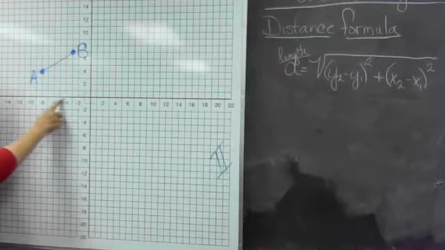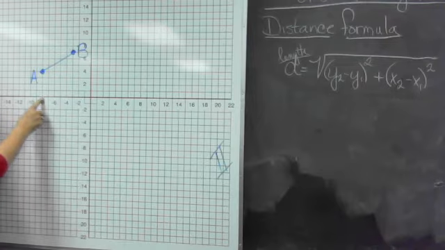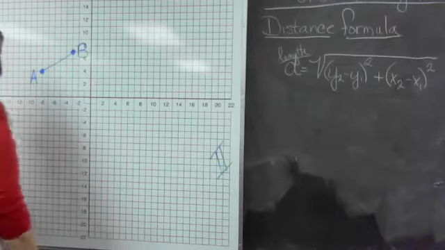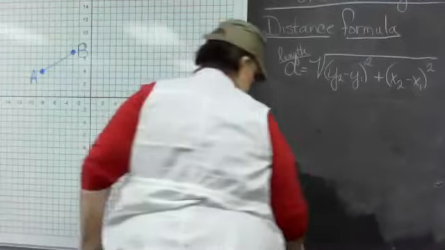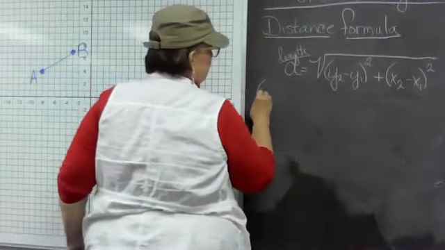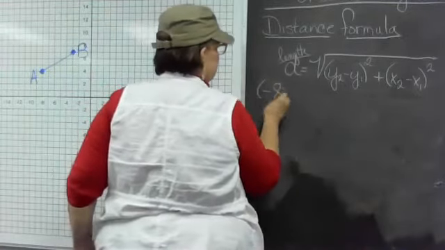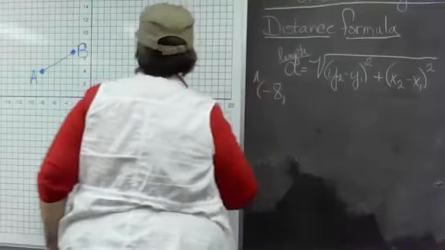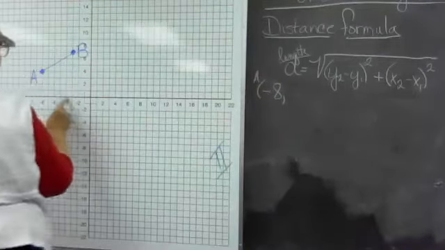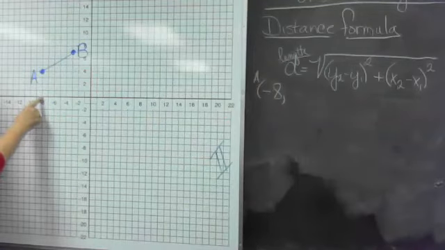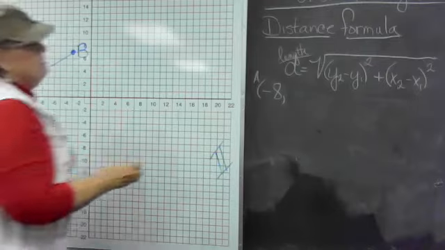So -8. This is point A: -8. And when I come here, how far did I go up? A +4.